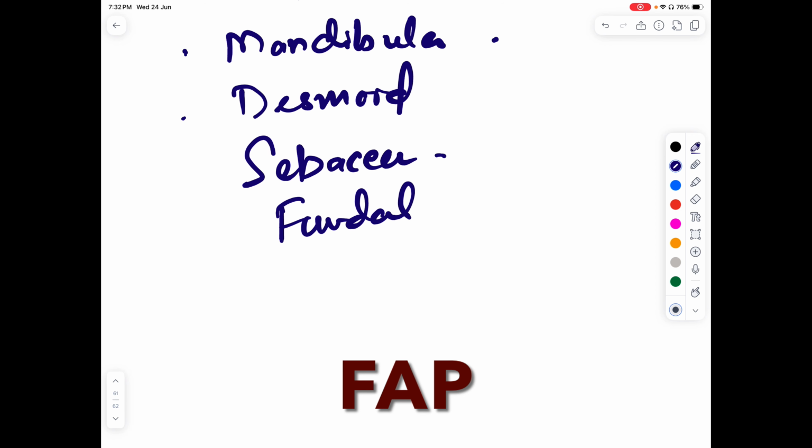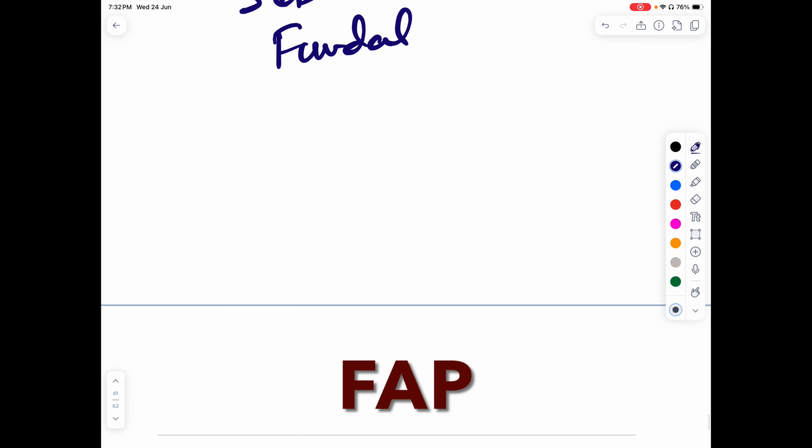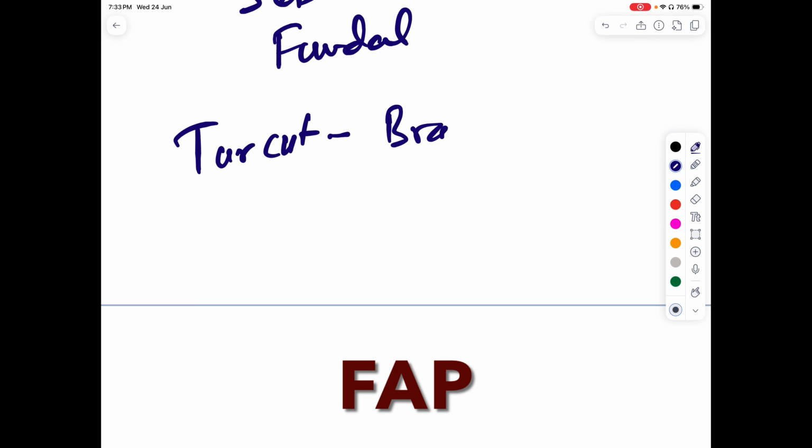Another variant of FAP is Turcot syndrome, with brain tumors, glioblastoma, medulloblastoma.